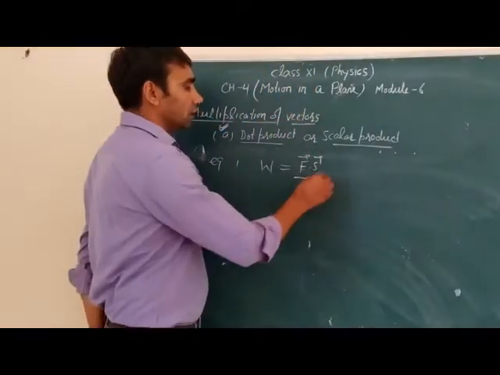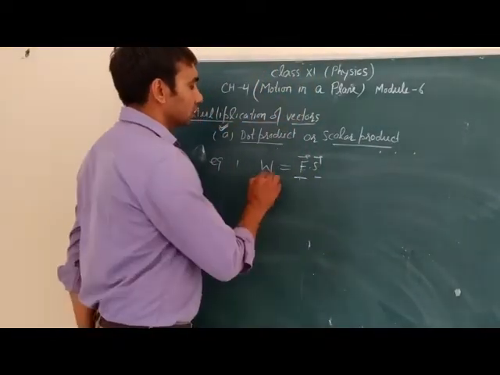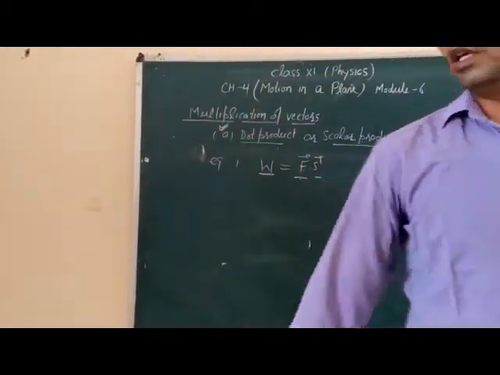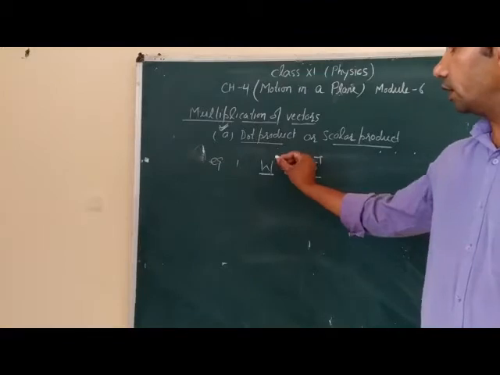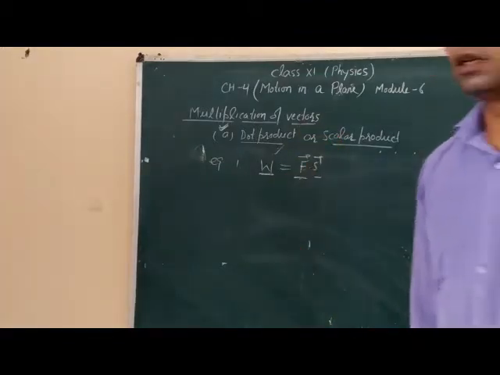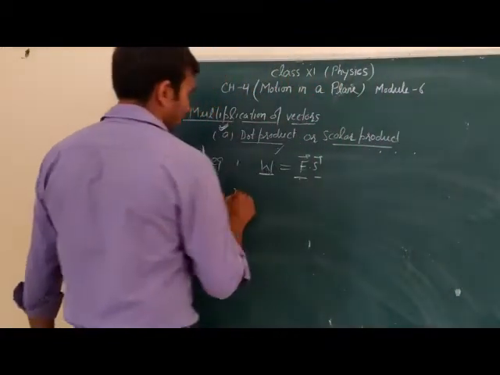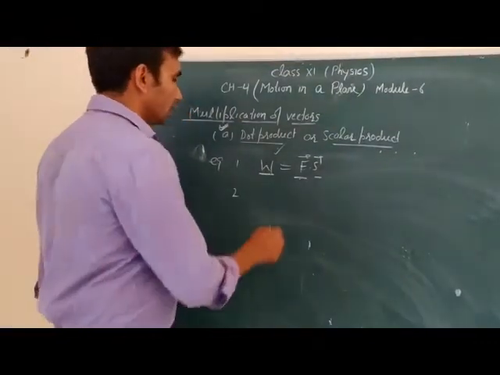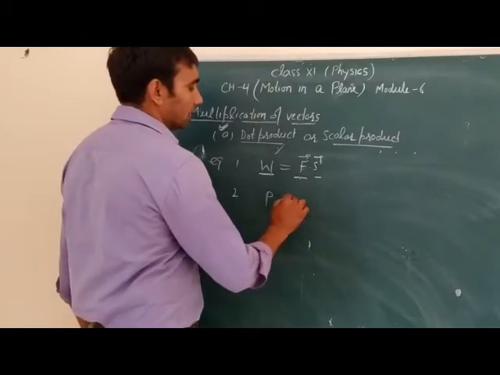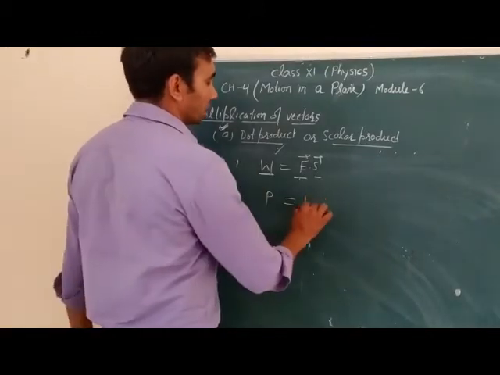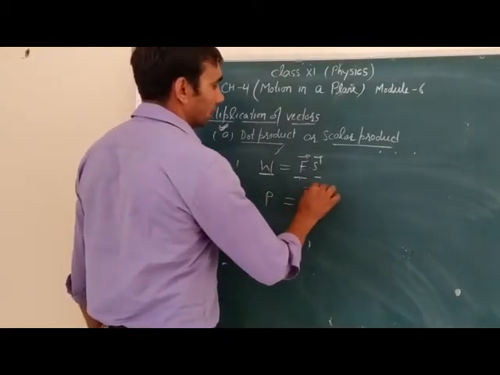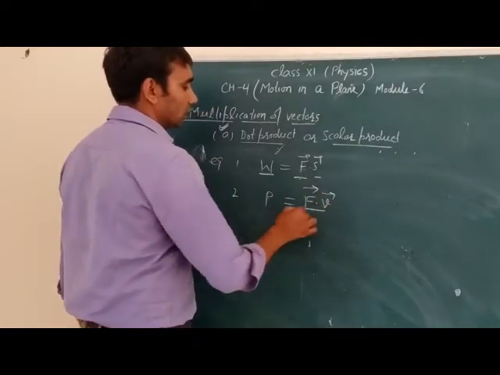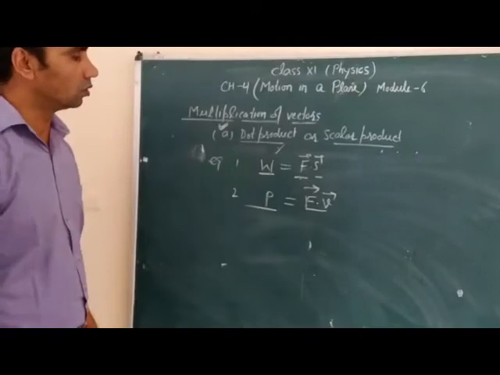The dot product of these two vector quantities gives a scalar quantity. The next one is instantaneous power: P equals the force applied on the object dotted with the instantaneous velocity, which is power.